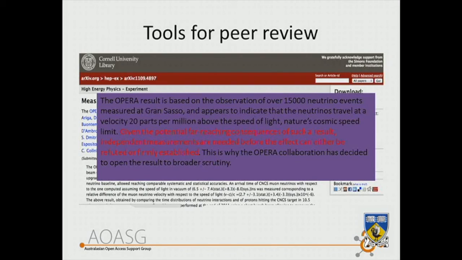And sure enough, that's what happened. It was found there was some anomaly in the measuring, and this paper was subsequently revised. And I think it's a great use of pre-publication public peer review, which is really important for something like this, which is a potentially world-shaking result. You absolutely want to know whether it's robust, and if it's not robust, how you handle it.